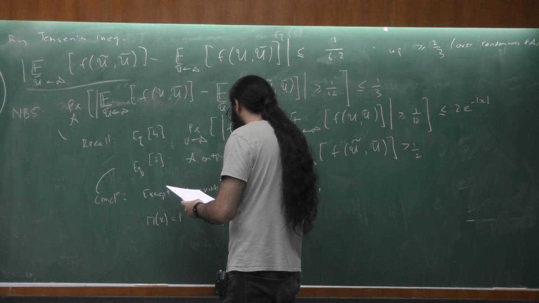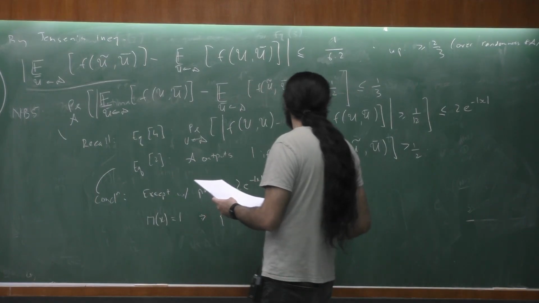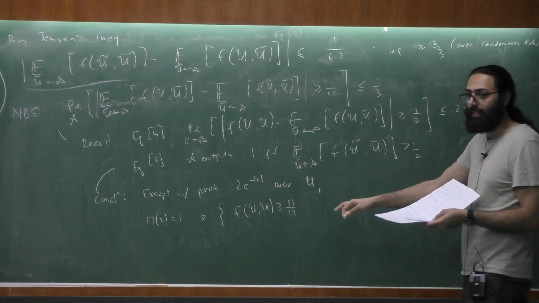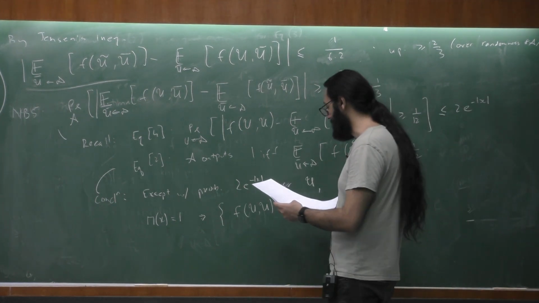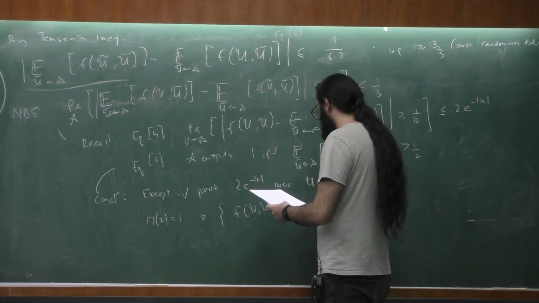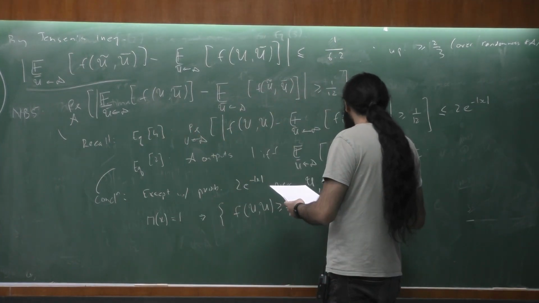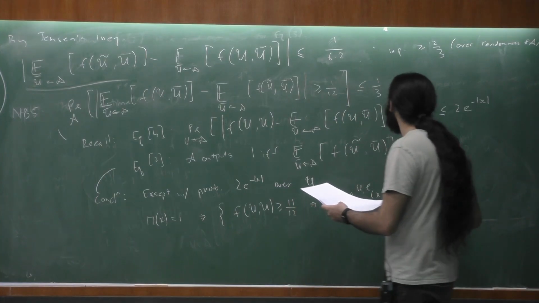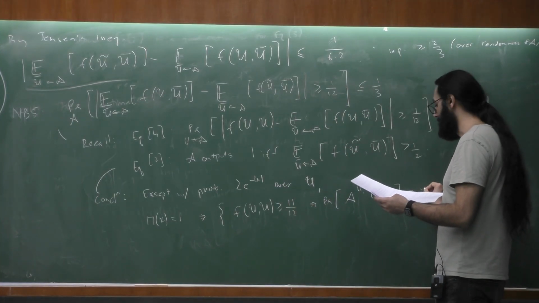We'll have f_u(u) greater than 11 by 12, because for the yes instance we already amplified the verifier. Which would imply the probability that A_u(C, x) outputs 1 is greater than 2/3.